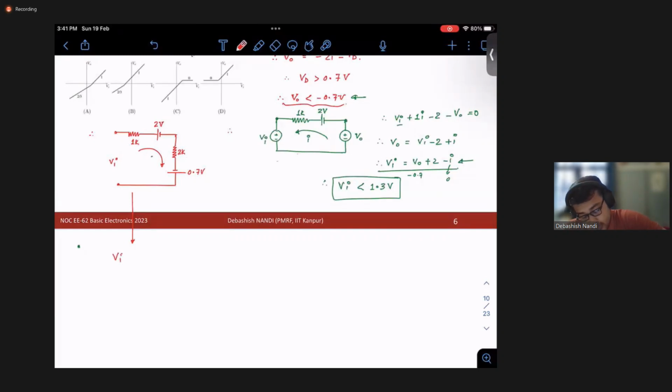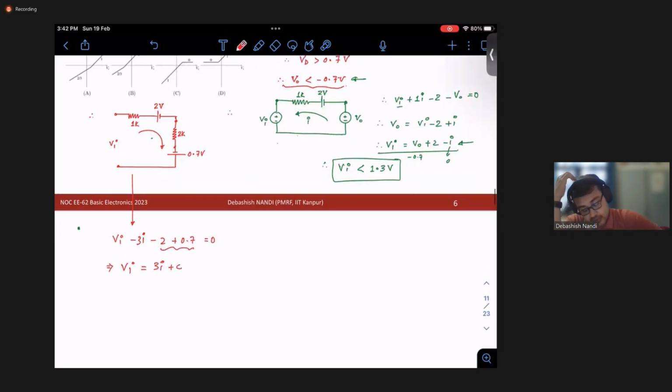The way would be simply applying KVL: minus 3I minus 2, plus 0.7 is 0, and your I would be this. So Vi is 3I and some constant stuff, right? Let's call it C, because we don't care about that right now.